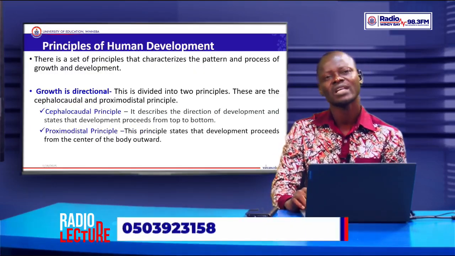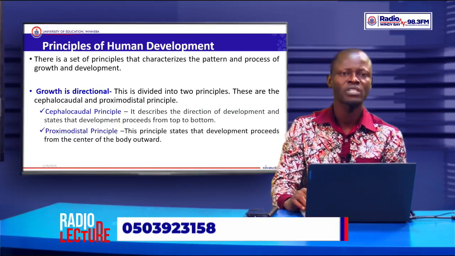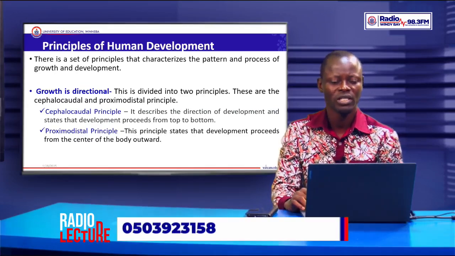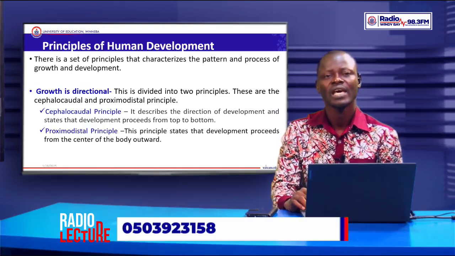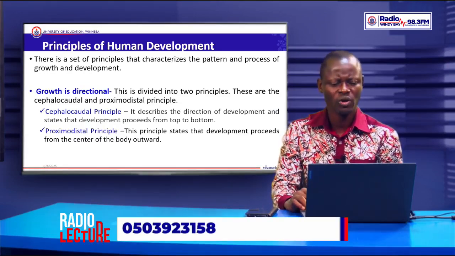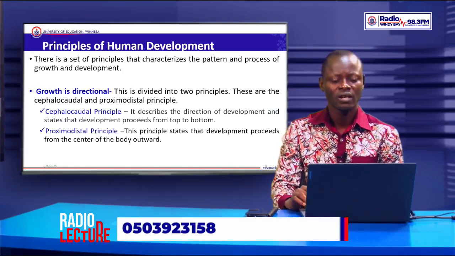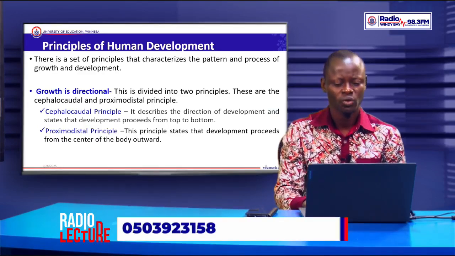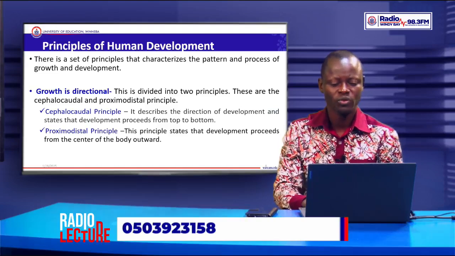Then we said there are some key principles in human development and learning, and the first one we talk about is that growth is directional. This one is divided into two. We have the cephalocaudal principle, which describes the fact that development proceeds from the top to the down.